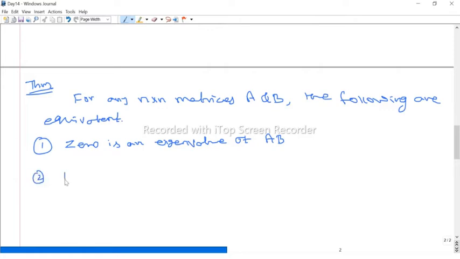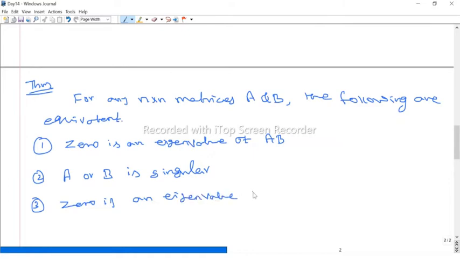Singular means not invertible, so the determinant should be 0. And the third: 0 is an eigenvalue of the matrix BA. So this is a theorem.